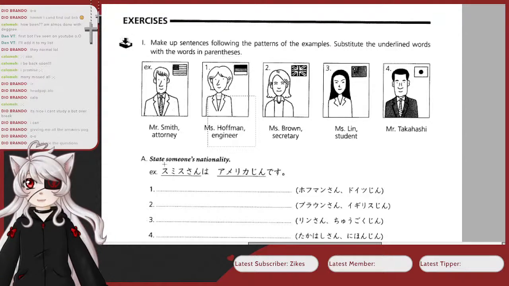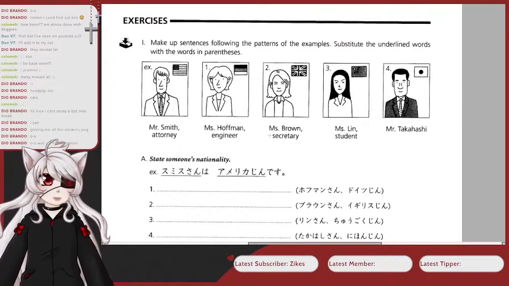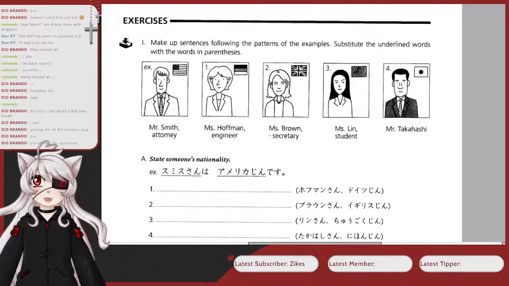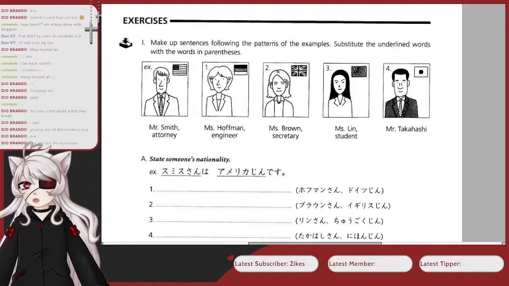So we need to write that Hoffman is from Germany, Miss Brown is from England, Miss Lin is from China, and Mr. Takahashi is from Japan. This is where we get to see how bad I am at writing. Oh god, please don't look at my stroke order while I do this.